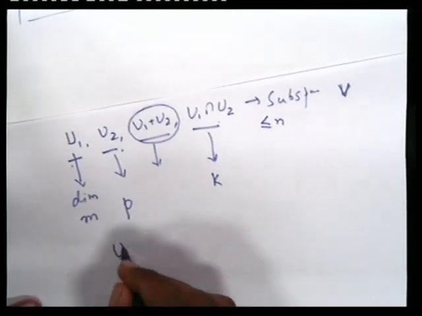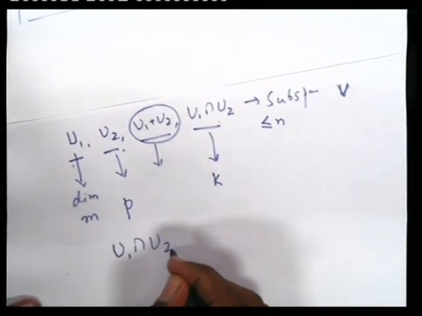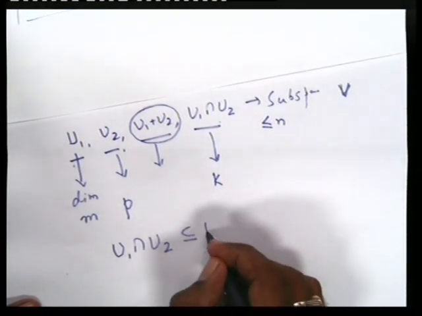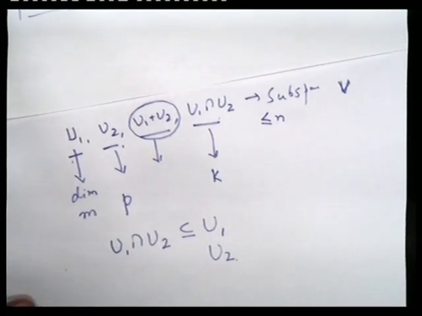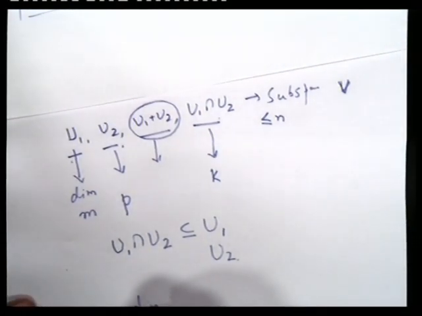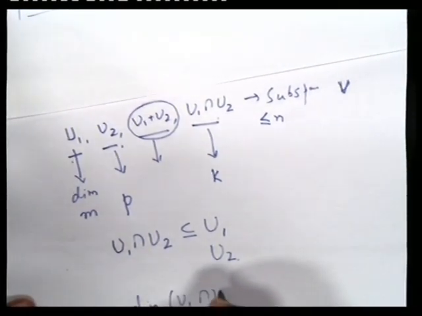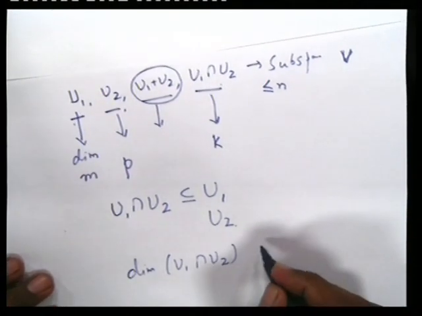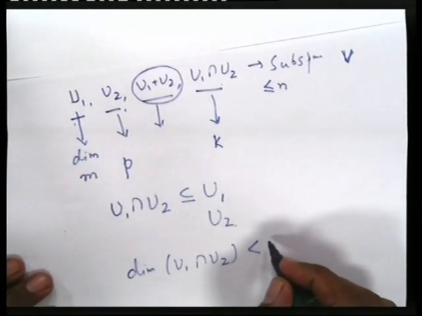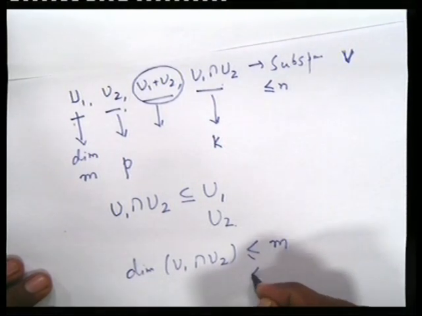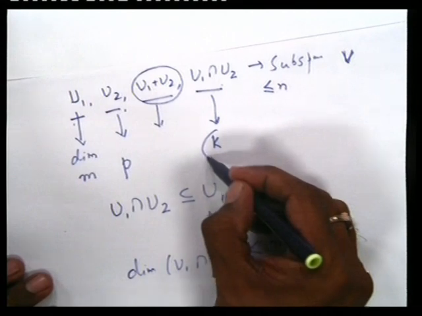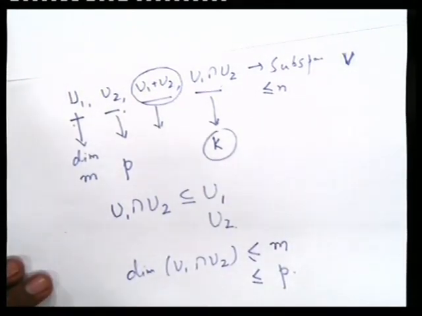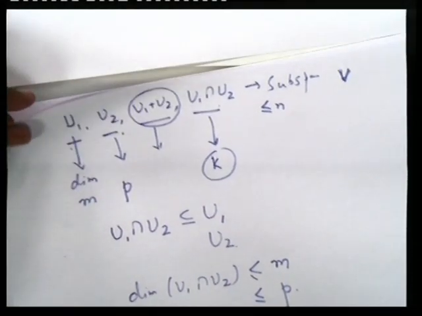Now we know that U1 intersection U2 is definitely a subspace of U1 as well as a subspace of U2. Therefore the dimension of U1 intersection U2 will be less than or equal to m and less than or equal to p. Here we have taken the dimension of U1 intersection U2 to be k.